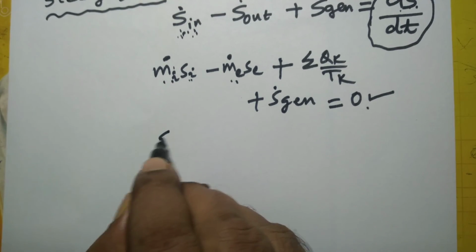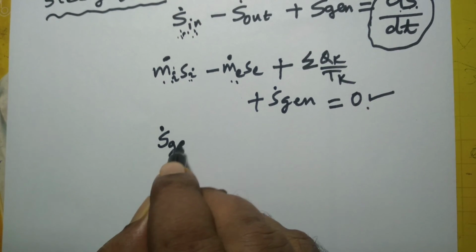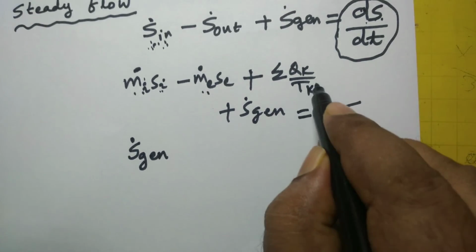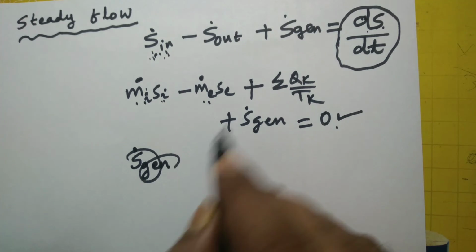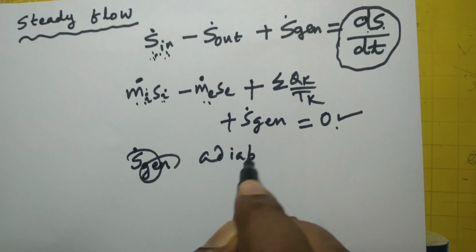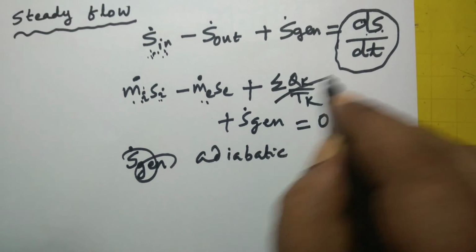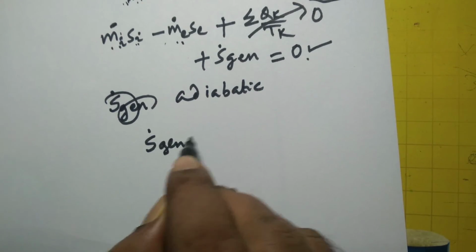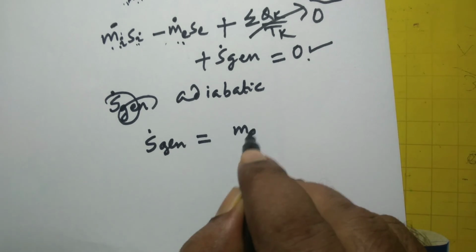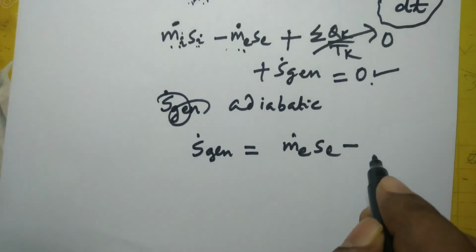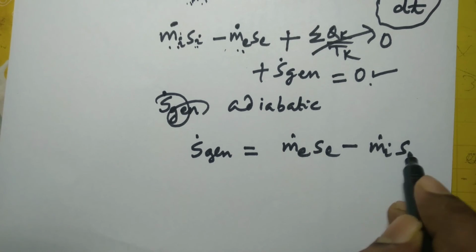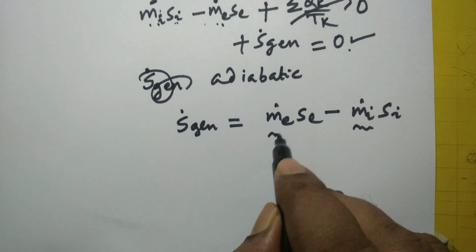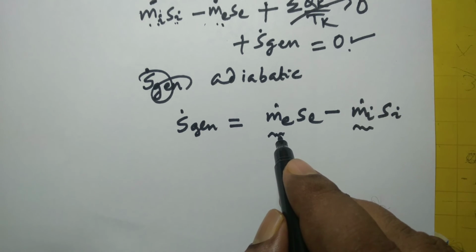From this we can find the rate of entropy generation. Suppose the process is adiabatic, then the heat transfer term will be 0. Now the equation will be as follows, and if it is a steady flow, then m dot i is equal to m dot e.